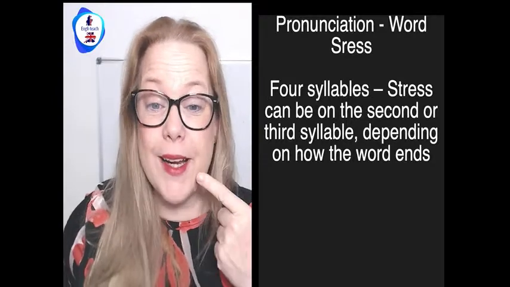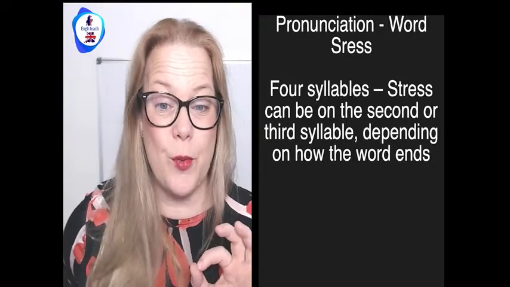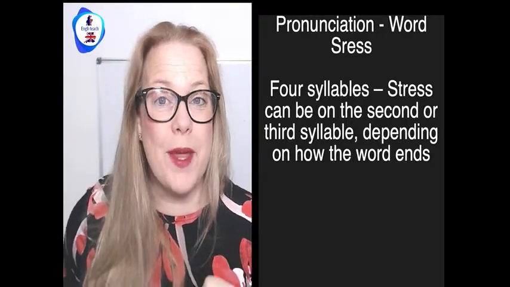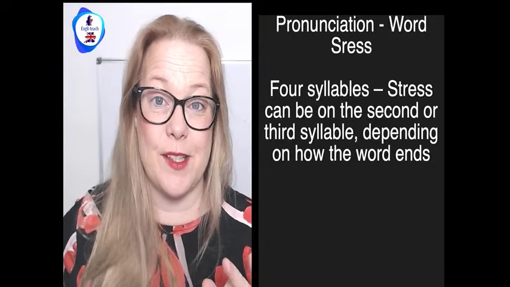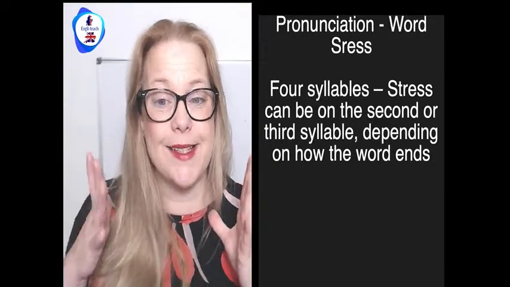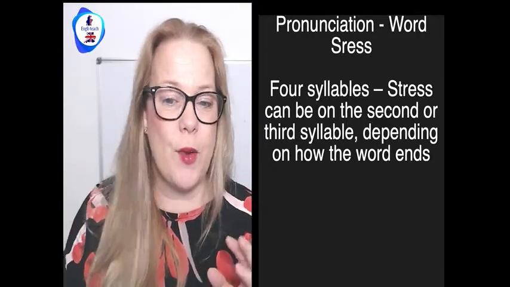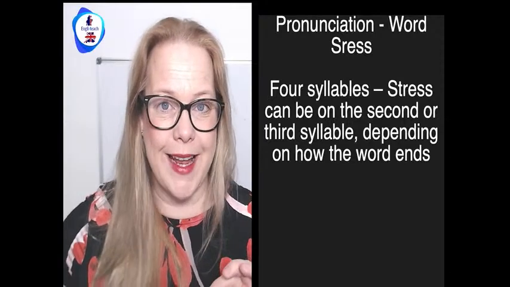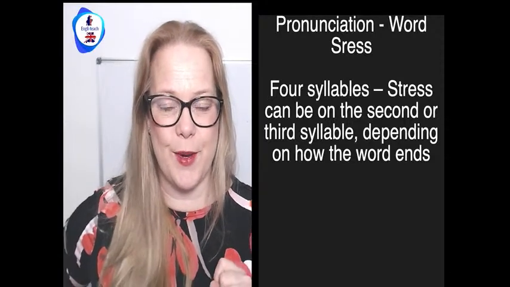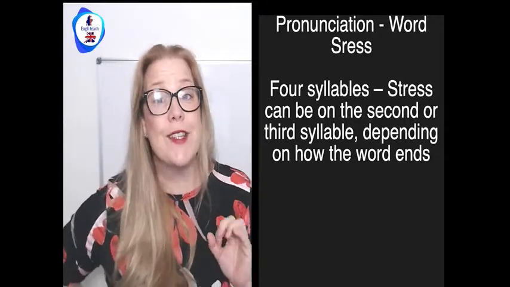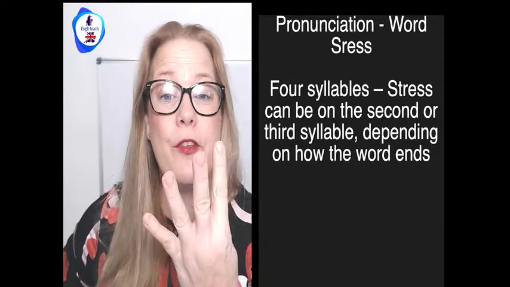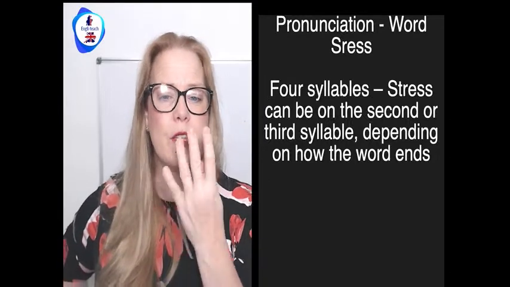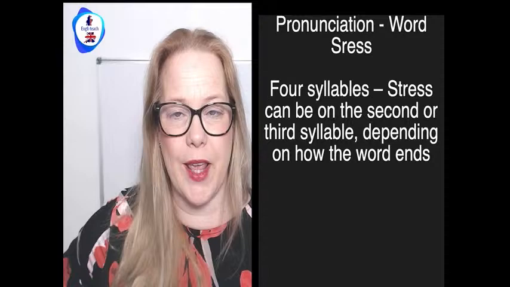We're going to pronounce them, I'm going to give you their meanings, and we're going to practice them in sentences so you understand the context of how we use these words. So today we're looking at words with 4 to 5 syllables, okay?